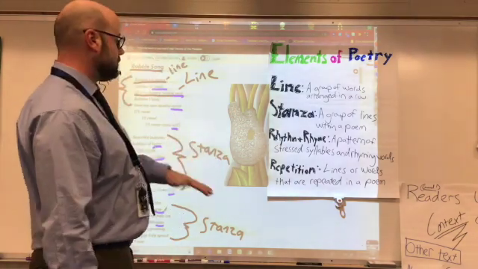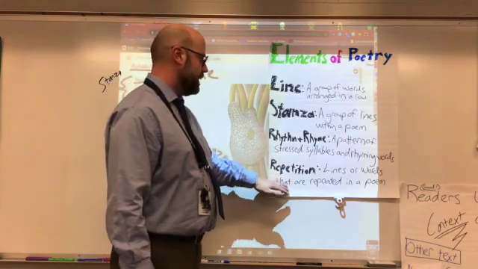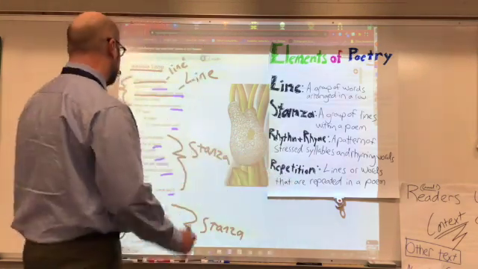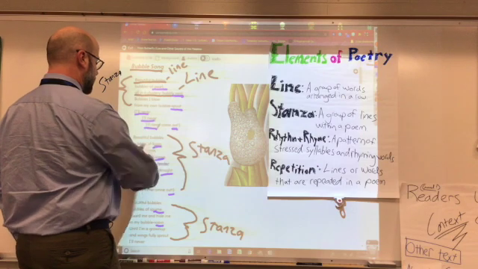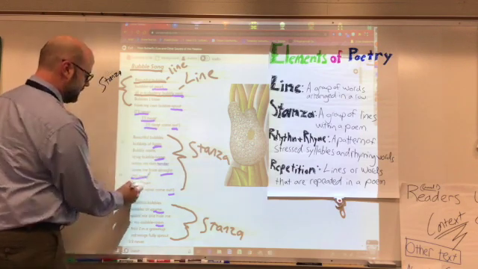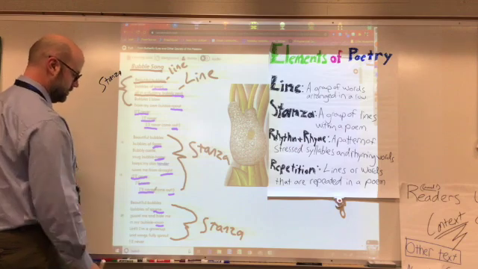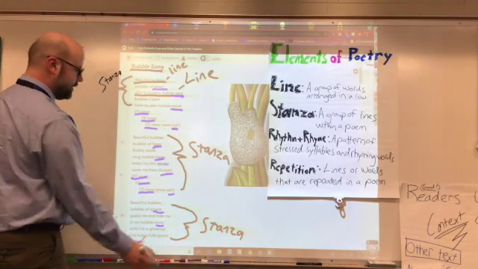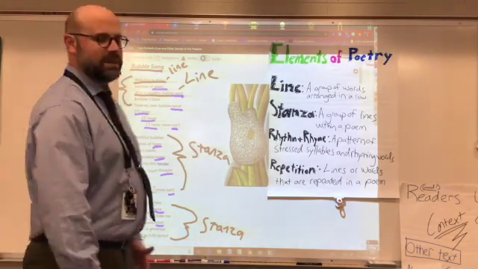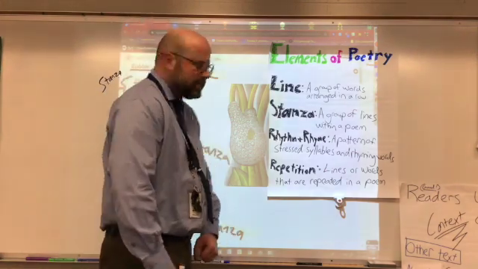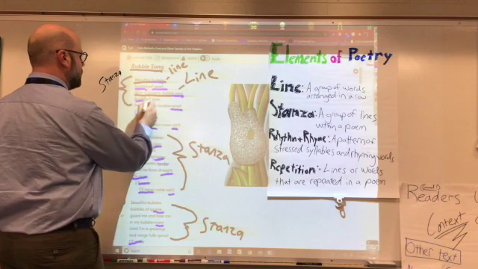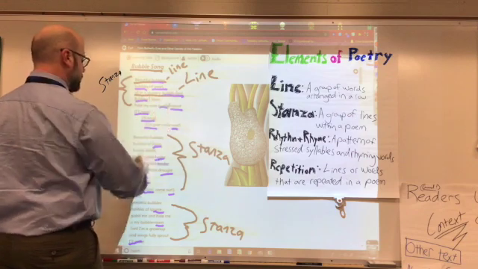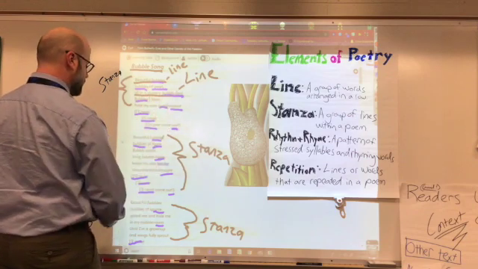And then the last one here, repetition. Lines or words that are repeated in a poem. Well, that should be fairly easy to see. I'll never. I'll never. Makes me think of a petulant child. I'll never come out. But I also see the word bubbles, bubbly, bubble, bubbles.